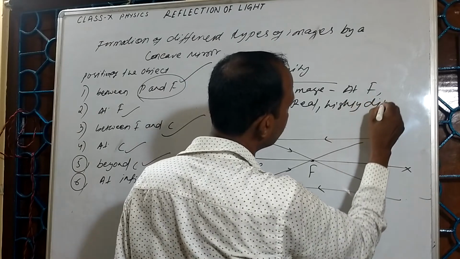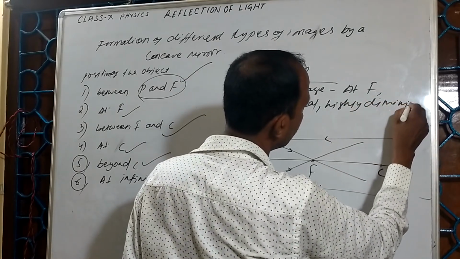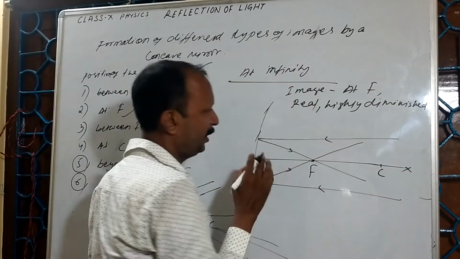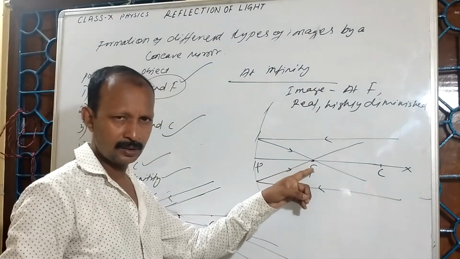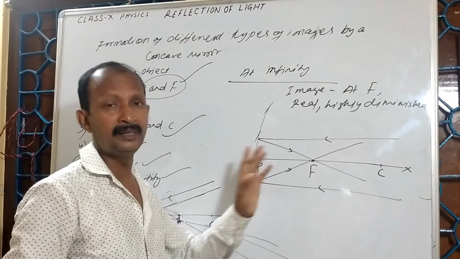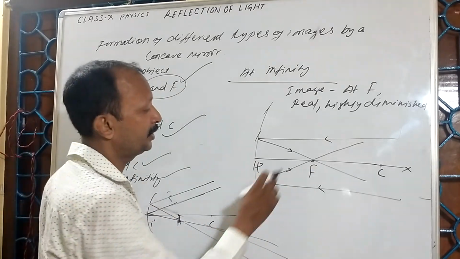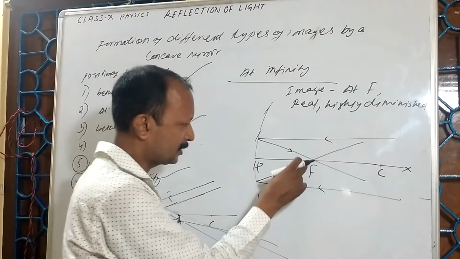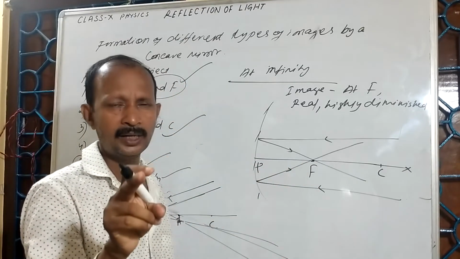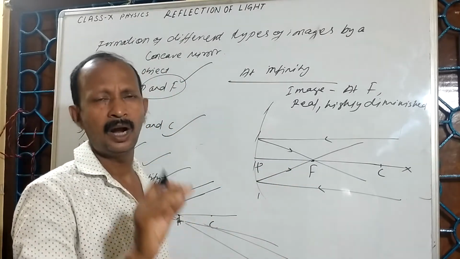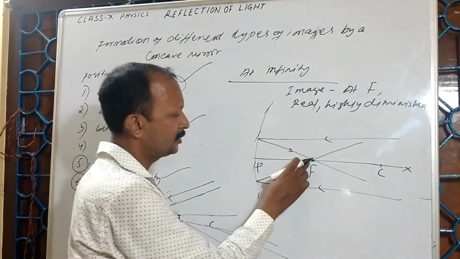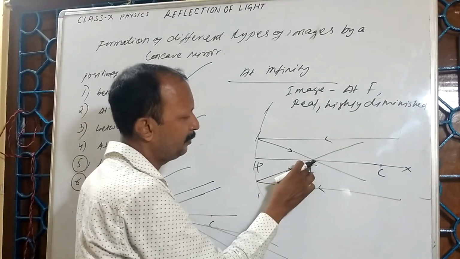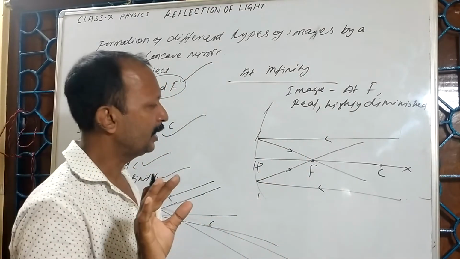Highly diminished, means very, very small. In this case, it is a pointed image, you can say. The image is like a point. But since the light rays are meeting, definitely it is a real image. And all real images, we say, are inverted. But since it is a point object, a point image, that's why inverted is not mentioned.